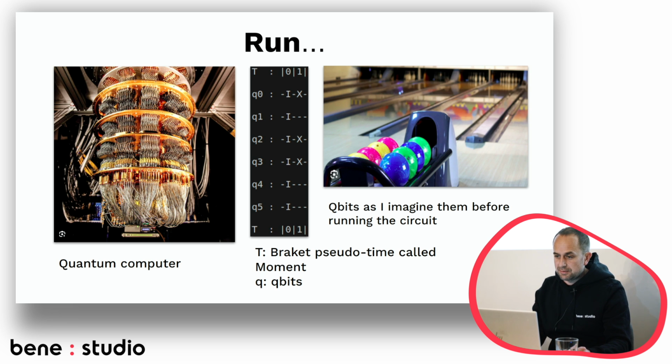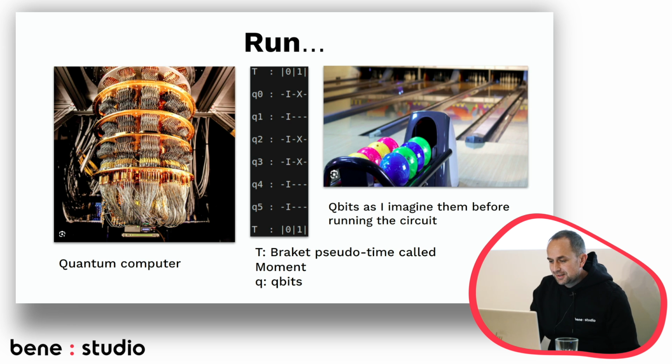I imagine when I run this circuit that these qubits are prepared like balls in the bowling center, and when I run them, I throw them parallel to each other. At the end, there are some gates on the lanes, and at the end we measure.